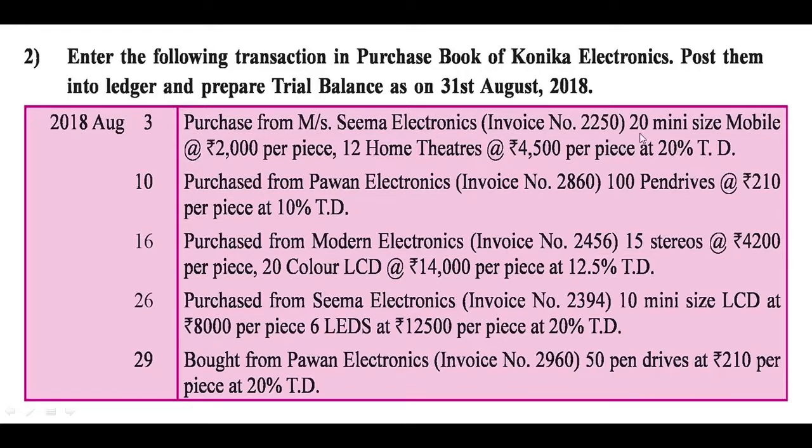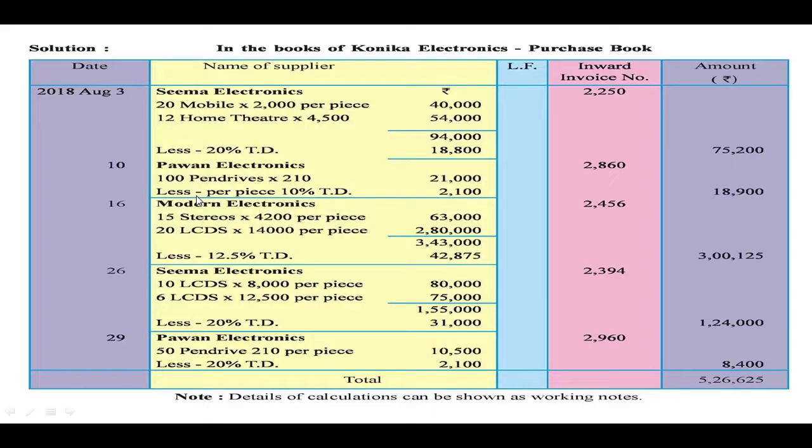So here we have to do the working, that is 20 mobiles at the rate of 2000 per piece, so 20 into 2000. Here they have given the working. Before that, you have to see that the title is given for the purchase book in the books of Konica Electronics purchase book.